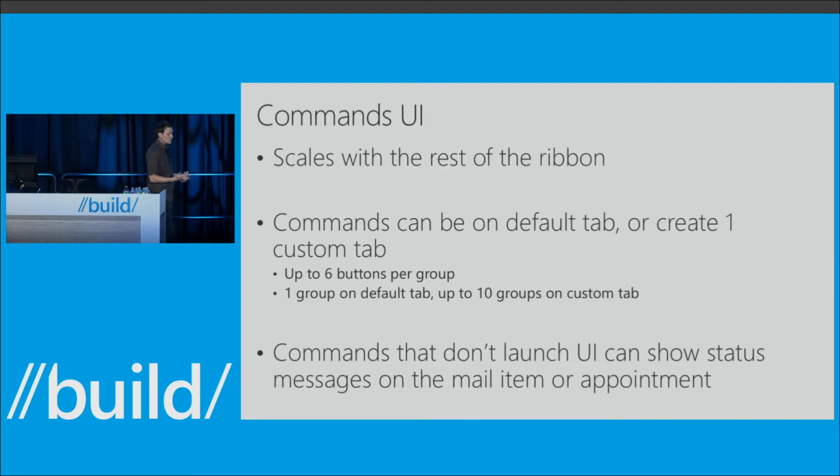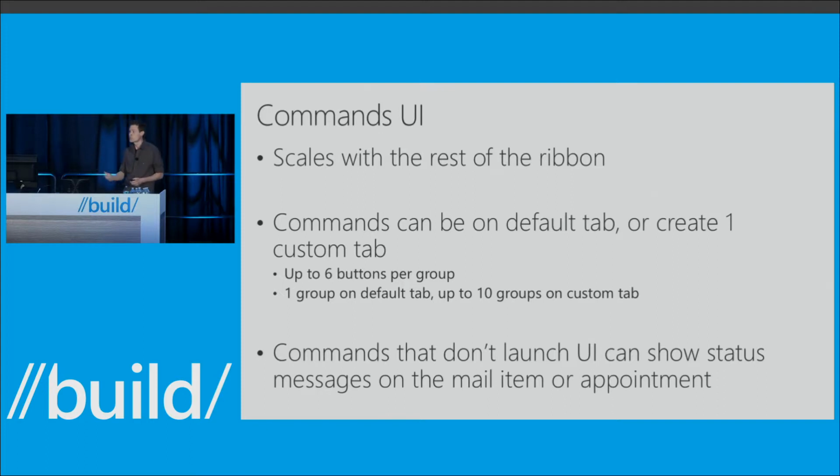Now, commands can be either on the default tab, so in Outlook, the default tab is the Message tab in Compose, or it's called Home while you're reading the message or appointment. Or you can create one custom tab. In the default tab, you can have one group with 6 buttons.